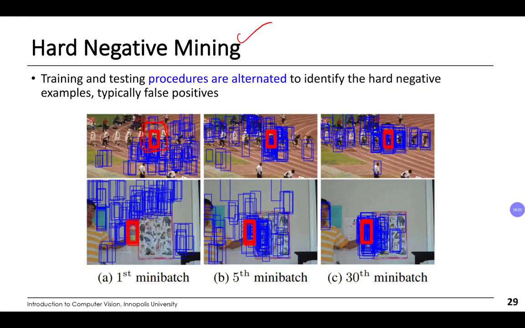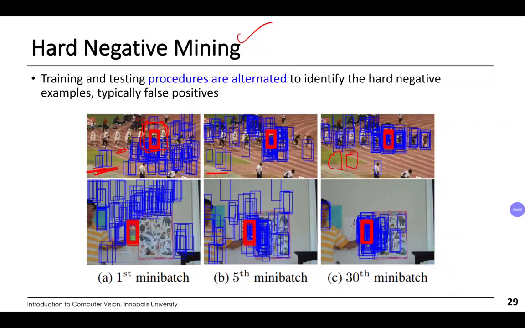Pay attention, this is our object that we are going to track, and all these blue bounding boxes are negative training examples. If you consider these negative training examples, most of the time they are redundant and not really useful.